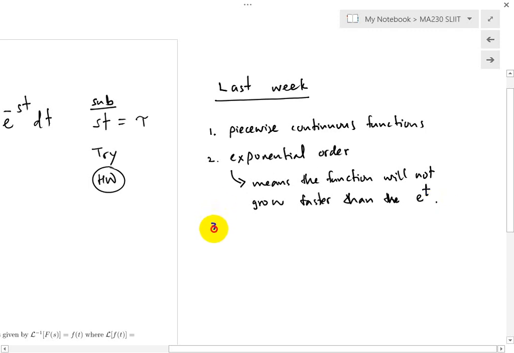And also we looked at what we call improper integrals, and we showed they may converge or diverge, right? So that's why it is important.